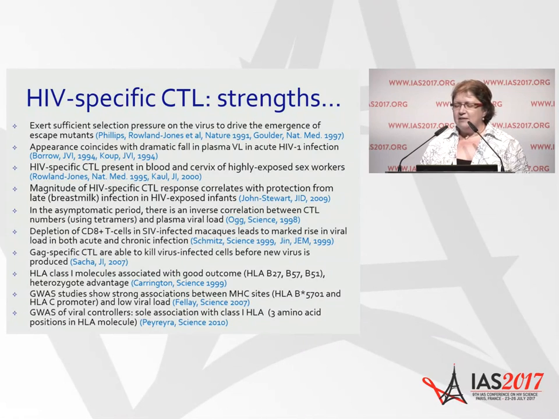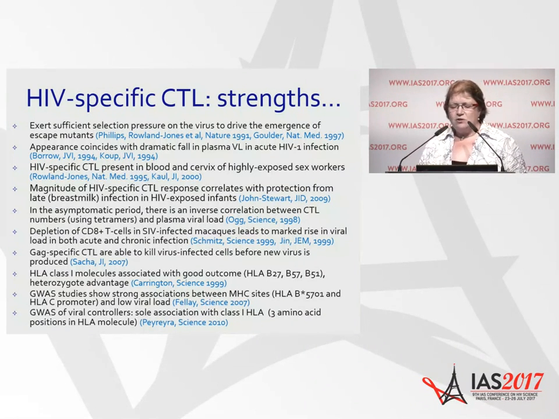The virus is under pressure to drive the emergence of escape mutations. Seth Borrow and Rick Koup showed quite early on the coincidence of the appearance of these cells with the rapid fall in plasma viral load following acute HIV infection. We and several other groups looked at the presence of these cells in highly exposed sex workers, which appeared to be enriched in the cervix in a cohort in Nairobi.